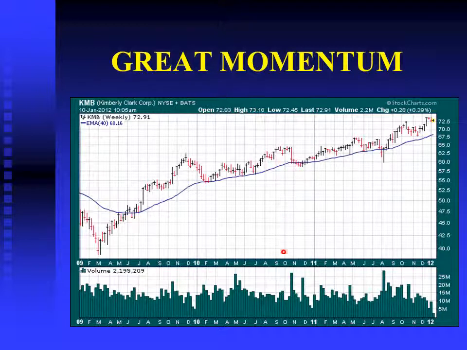Here is the same thing, and here the same pattern develops. The stock doesn't do much for 3 months, 4 months. Then volume picks up and the stock rises. Again, keep track of the kind of stocks I am following here. Kimberly-Clark.